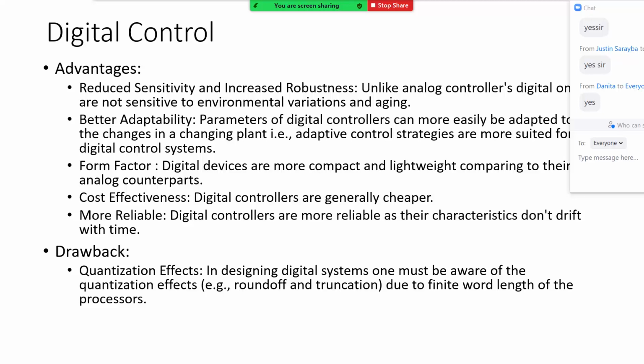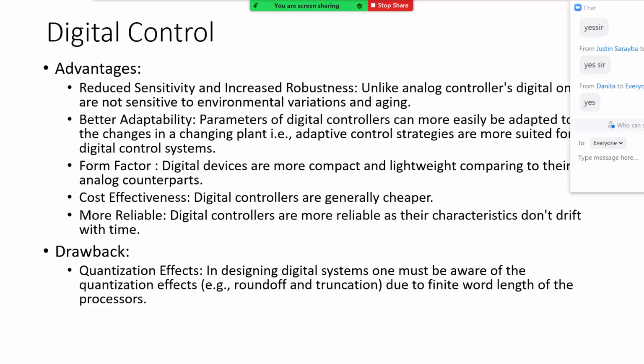Or, for instance, imagine I'm controlling an object that might be exposed to environmental conditions.